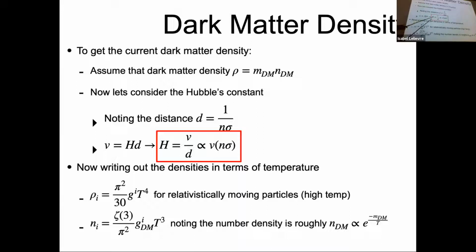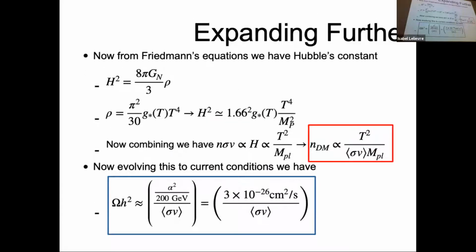And so then what you can do is you can get that H is going to be proportional to the velocity times the number density of your matter, so this could be dark matter, times the cross section. And then I'm sure you guys know that rho is proportional to temperature to the 4th. I'm going through this quickly. And if you want to do number density, you get rid of the temperature, right? And so then just from the Friedmann equations, H squared is going to be proportional to rho.